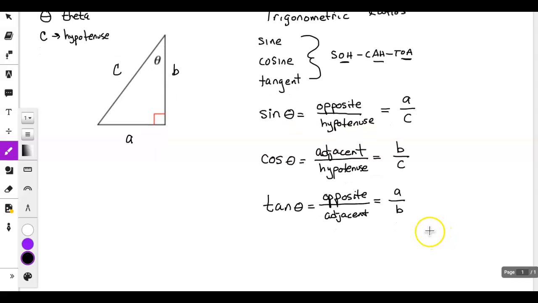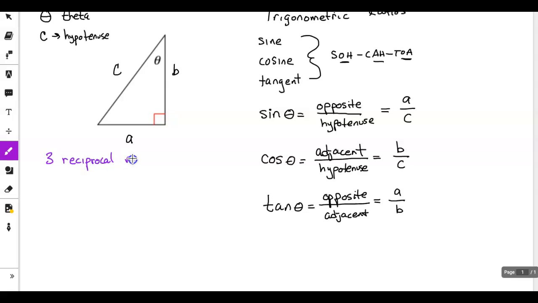So that's your Sohcahtoa. What you didn't learn in geometry is that there are three other trigonometric ratios, the reciprocals of these three, meaning you take the fraction and flip it. We call them the three reciprocal ratios. The reciprocal of sine of theta is cosecant, abbreviated CSC of theta.